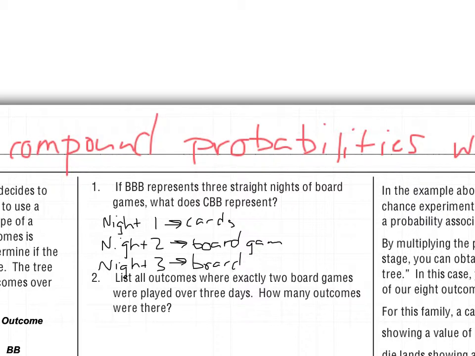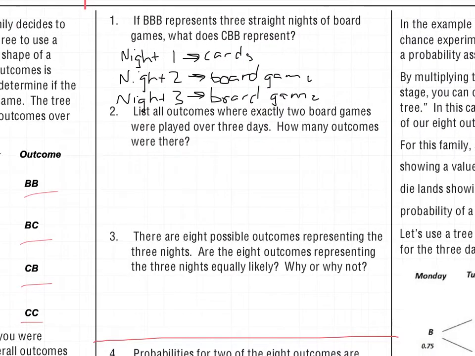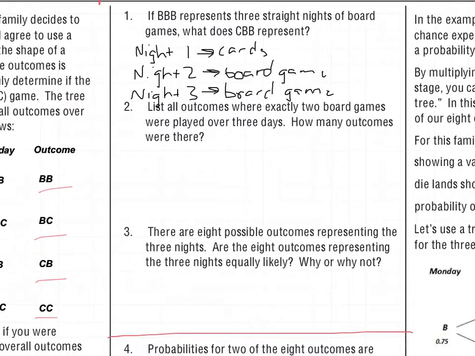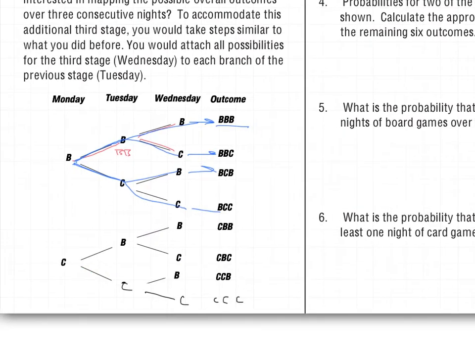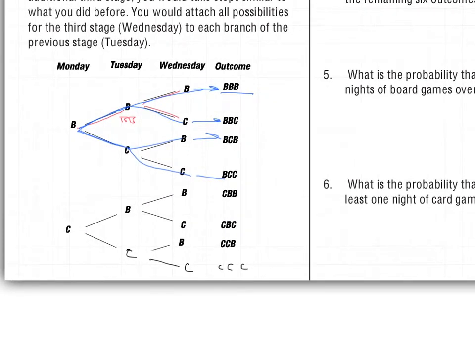The next question asks us to list all of the outcomes where exactly 2 board games were played over the 3 days. So we're looking for all of the ones that have board games being played twice. As we come down here, this one has board games 3 times. This one is 2 board games, 1 board game, 2 board games, 1 board game, 1 board game, no board game.